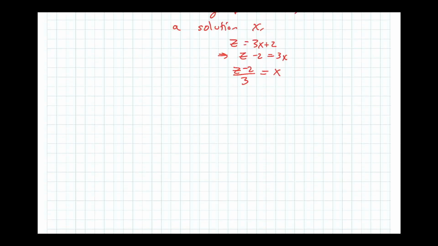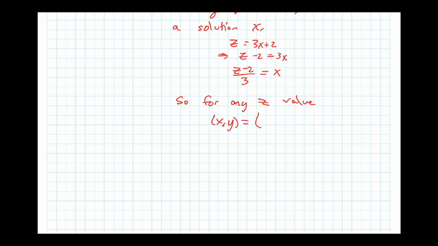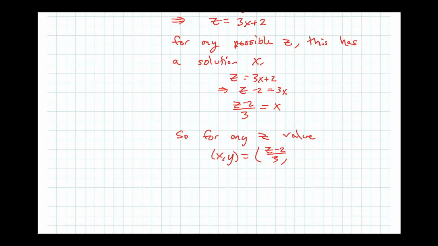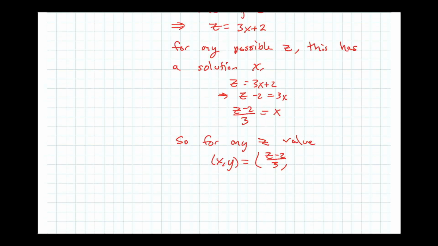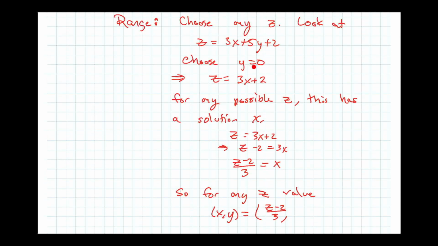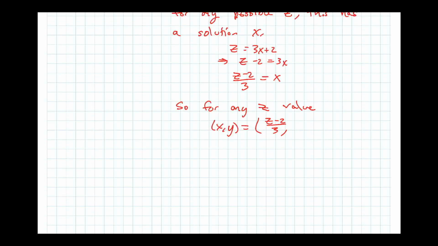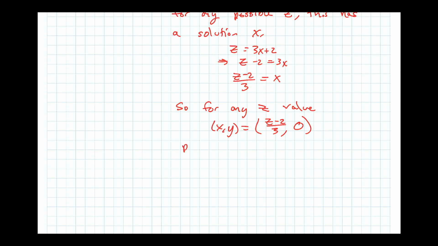So for any z value, xy equals, for the x value, you would need z minus 2 over 3. And for the y value, you would need just y equals 0, because way up here I said, let's just assume y equals 0 because we didn't need anything complicated there. So for any z value, that right there would produce the z value.